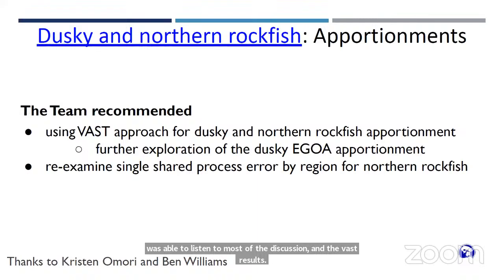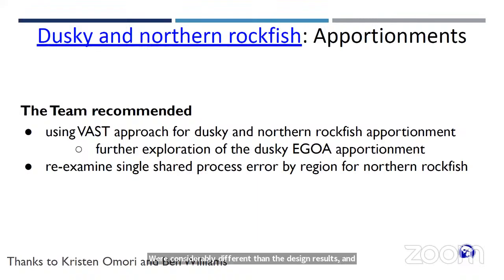And I know the point was made that they're just different processes, and that I definitely understand. What I was wondering was, was there any look into why with VAST, the Western and at least for Dusky, I believe it was Eastern, were so much more than the Gulf compared to the design base? I guess I'm just looking for sort of a gut check, which I know can sometimes be done. I'm wondering if you have any information on that.